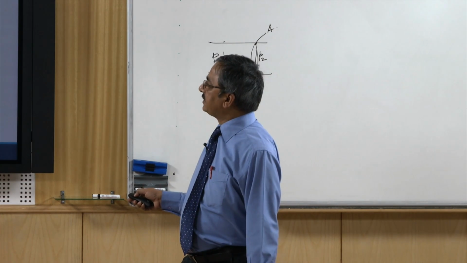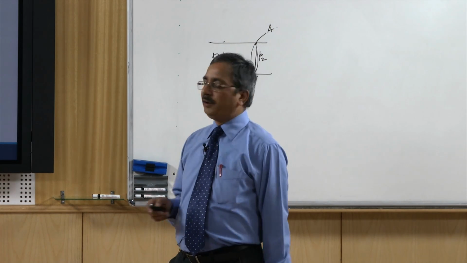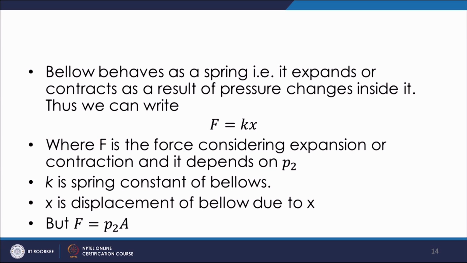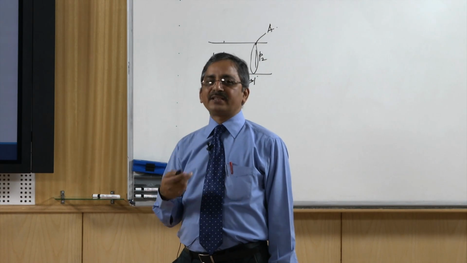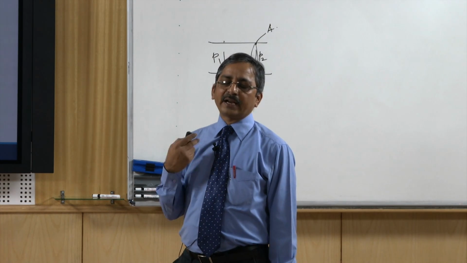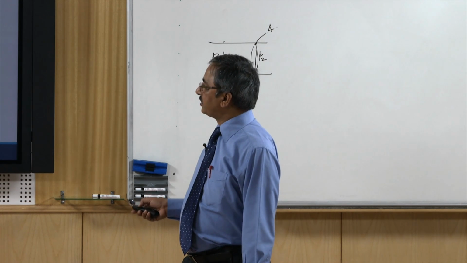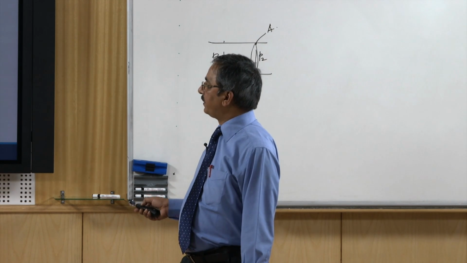I am writing F is equal to Kx, where x is the displacement of the bellow and K is the stiffness of the bellow, and F is the force considering expansion or contraction. Of course this depends on P2, because P2 is responsible for the expansion or contraction of the bellow, and K is the spring constant of the bellow.